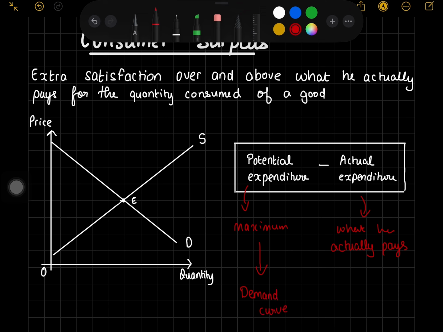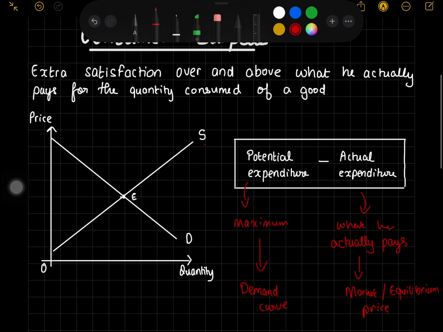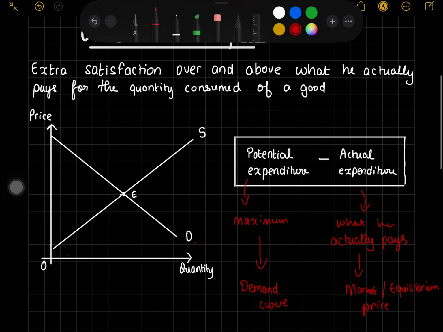We are going to look at the diagram and we're going to see this. And what he actually pays is represented by the market price, by the equilibrium price. So, on this diagram, this is our supply, this is our demand, this is our equilibrium. We're going to see our equilibrium quantity and price later. Now, for 1 unit, let's say this is 1 unit.